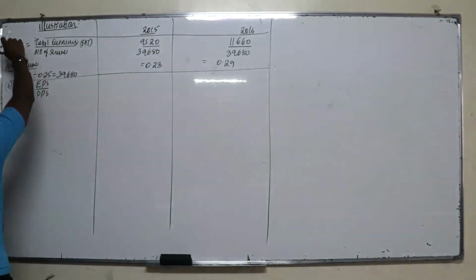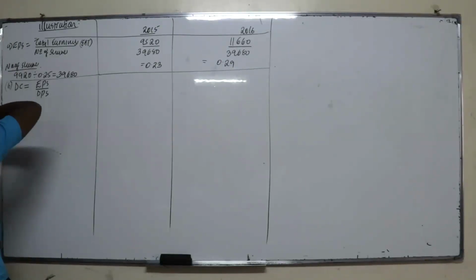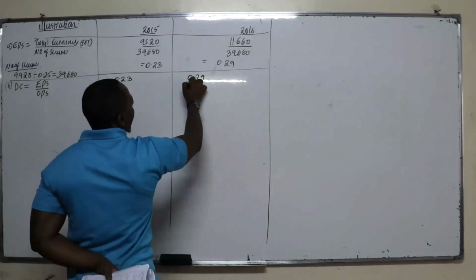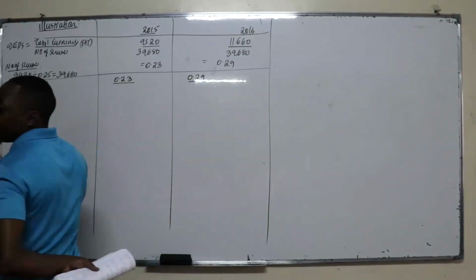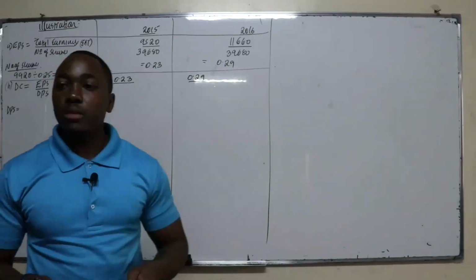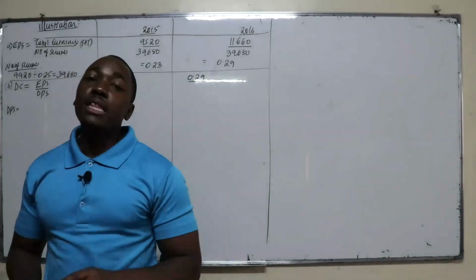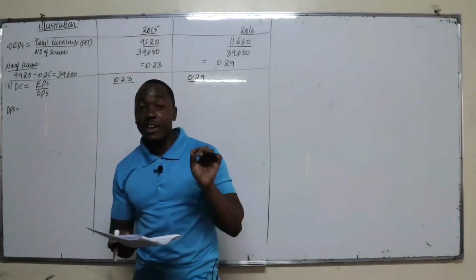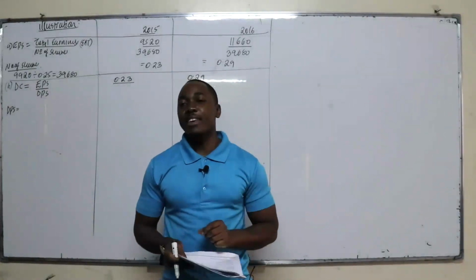That's what we considered in number A. So here we have 0.23, 0.29. Then you divide by the dividend per share. How much is the dividend per share? Now you can look at your question. To get the dividend per share, let's go to the notes. I don't mean those notes. I mean, in that same question, under the financial statements, you are given notes. Can you see the footnotes? That's what I mean.